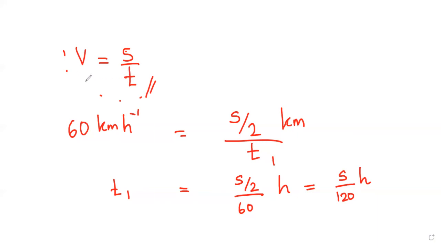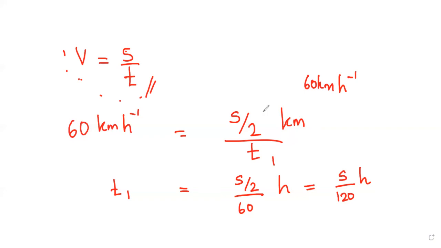Let's say the particle is moving with 60 kilometers per hour, which simply means in every hour it's going to move 60 kilometers. So it's a uniform motion. So you can use this equation if it moves with uniform speed.